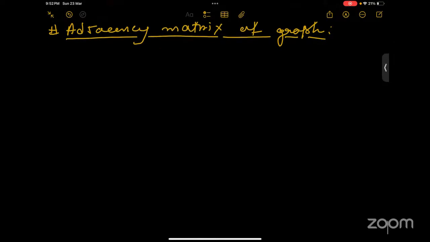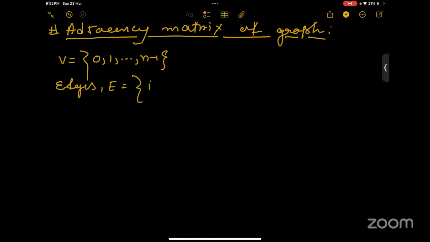Suppose we have V, a set of n vertices 0, 1 up to n minus 1, and suppose edges E. These are like (i, j), where 0 less than or equal to i, j less than or equal to n minus 1, and i is not equal to j.